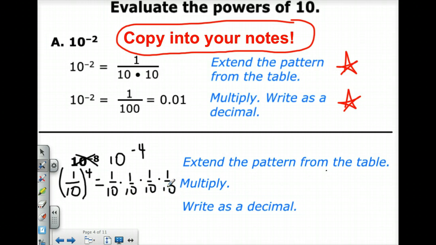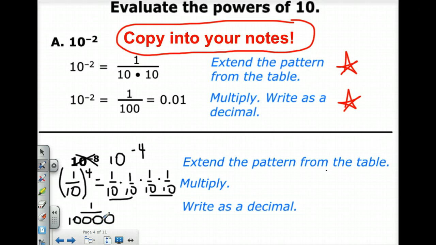We want to multiply, as our second step tells us. 10 times 10 is 100, and 10 times 10 is 100. So 100 times 100, we end up with 1 over 1 with 4 zeros.